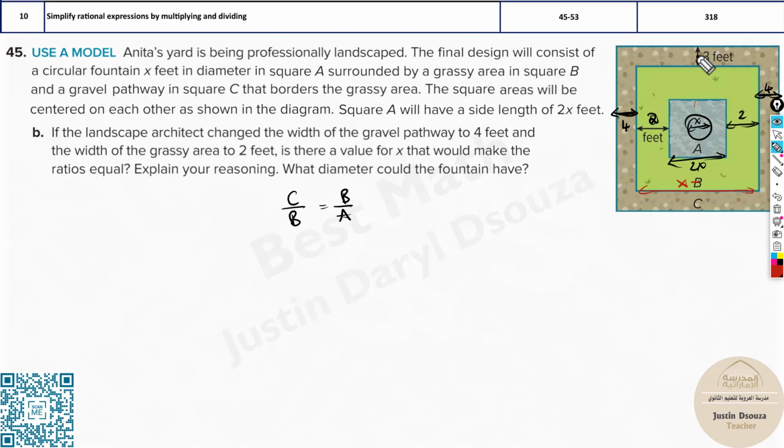I'm just going to take from half, like I told you that time. This side is x, x plus 2. And what about this side? x plus 6. Why? Half of this is x plus 2, x over here, 2, and again x plus the total length is 6. So let me substitute. c is x plus 6 divided by x plus 2, and that will be equal to x plus 2 by x.